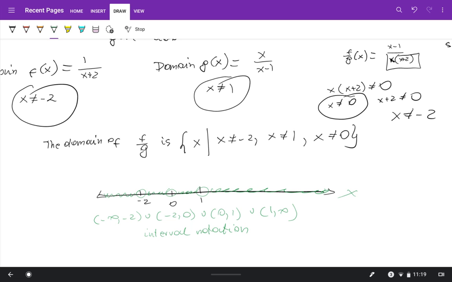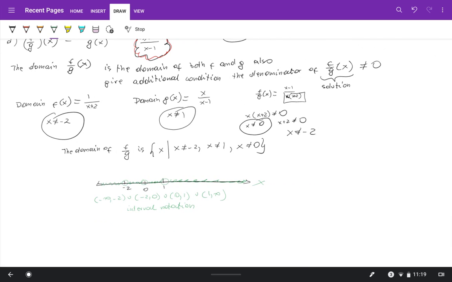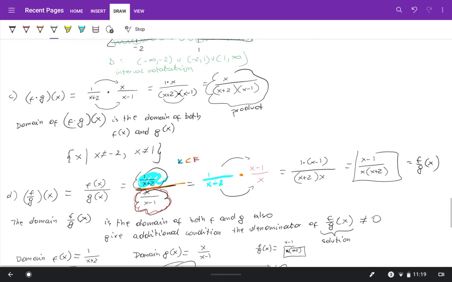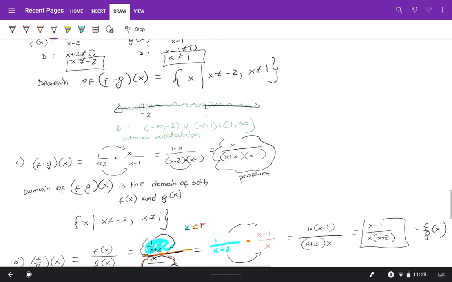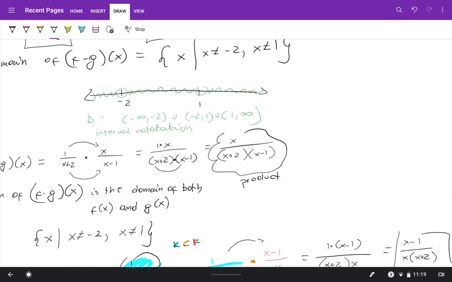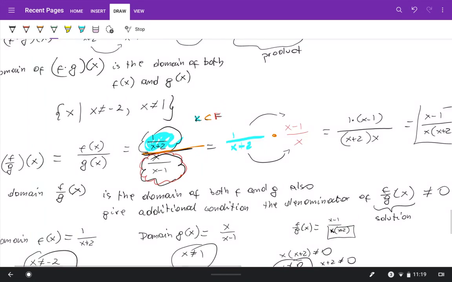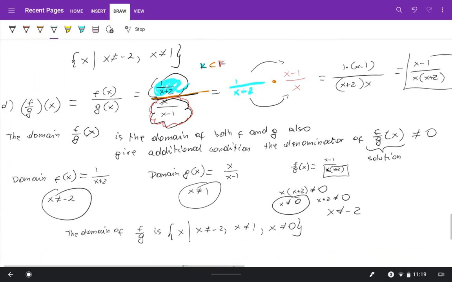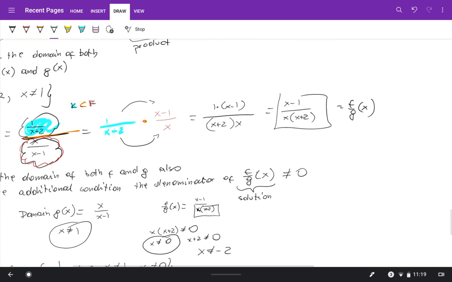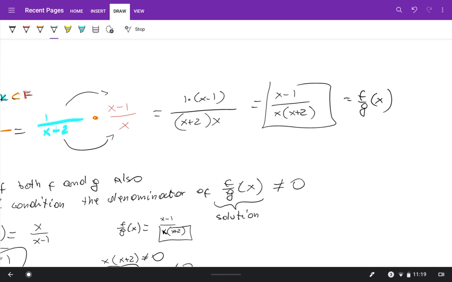Okay, so that's it. To find the domain of combined functions, like product, sum, difference, find the domains of the original functions, and they will also be the domain of your combination. And one extra part: when you have a quotient, like in part D, also check your final solution and give one extra condition.